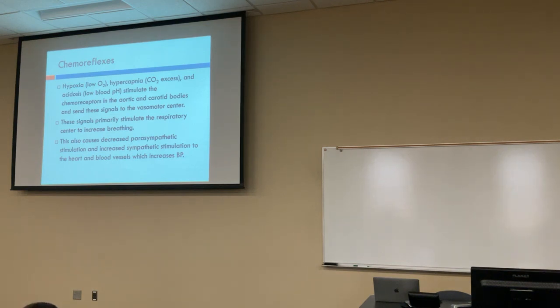That helps you to take in more oxygen and to blow off more CO2. By blowing off more CO2, that helps to lower the hydrogen ion concentration in your blood as well. So the main effect is on the respiratory system, but simultaneously it also affects the cardiovascular system.